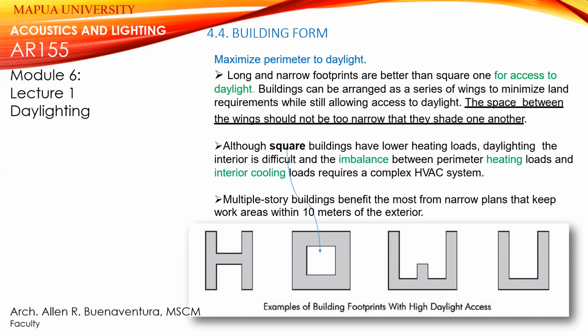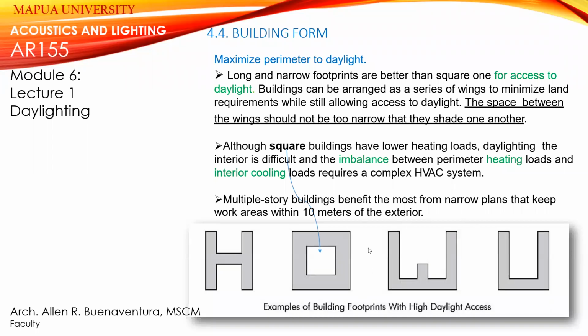Although square buildings have lower heating loads, daylighting the interior is difficult, and the imbalance between perimeter heating loads and interior cooling loads requires a complex HVAC system. So multiple buildings benefit most from narrow plans that keep the work areas within 10 meters of the exterior. As you can see, the most efficient daylighting is in H, W, and U type buildings.